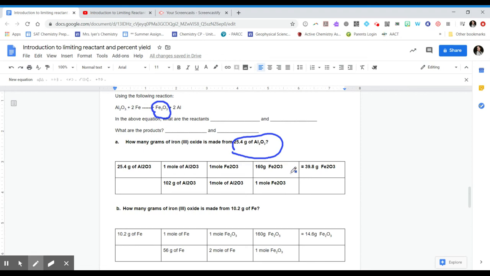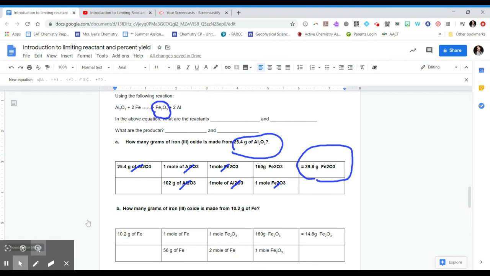And then since we're finding the grams of iron oxide, you need the molar mass of iron oxide. So let's cancel out the units so you see what we end up with. So I end up with grams of iron oxide. That's how much I make with 25.4 grams of aluminum oxide.